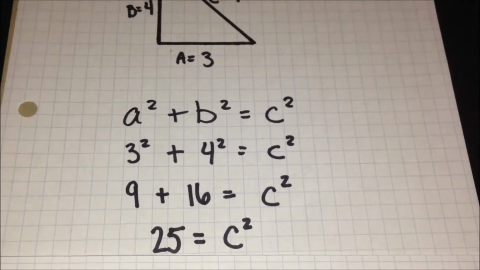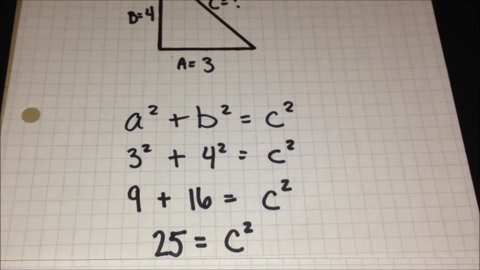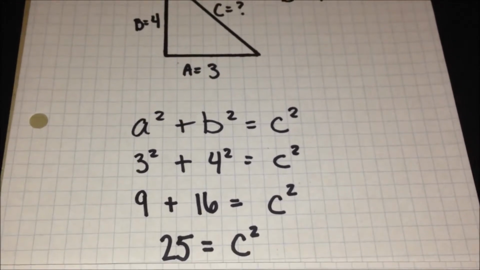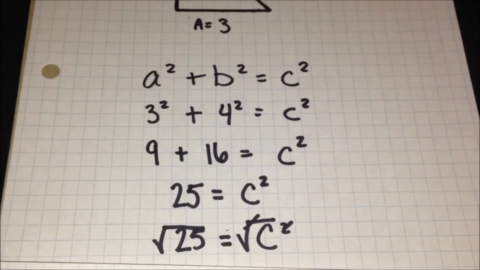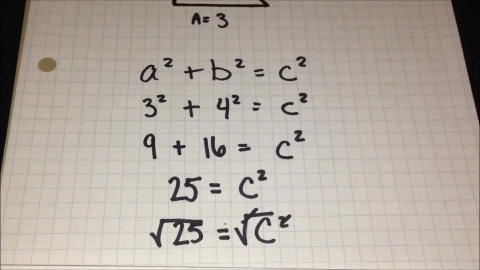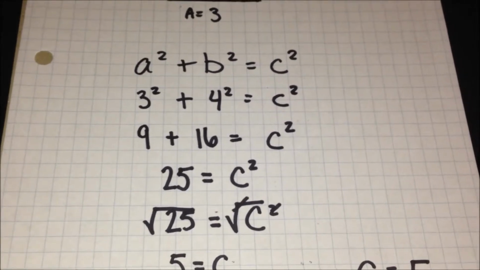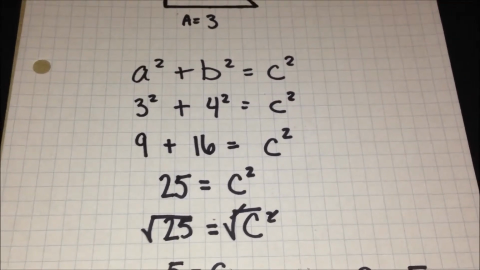Comes out to 25 equals c squared. But now we have to find the square root. So we take the square root of both sides, and the answer comes out to be 5. C equals 5.